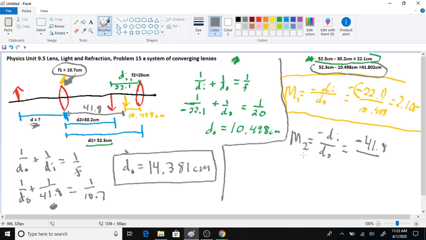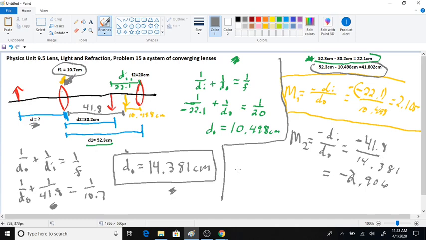And then DO, which is this solved part here, which is 14.381 centimeters. And when we divide those, we get a negative 2.906, right? Magnifications are unitless. You divide out the same units, it's unitless.